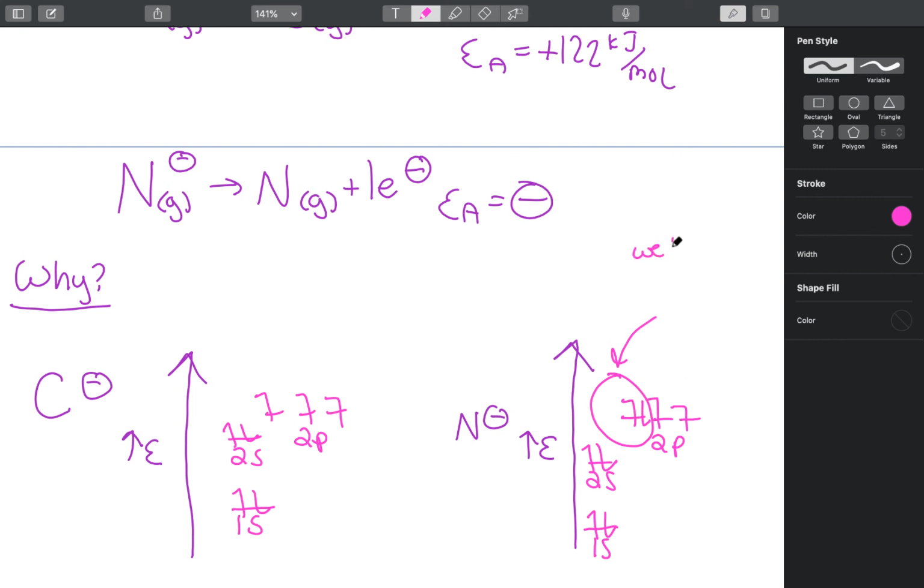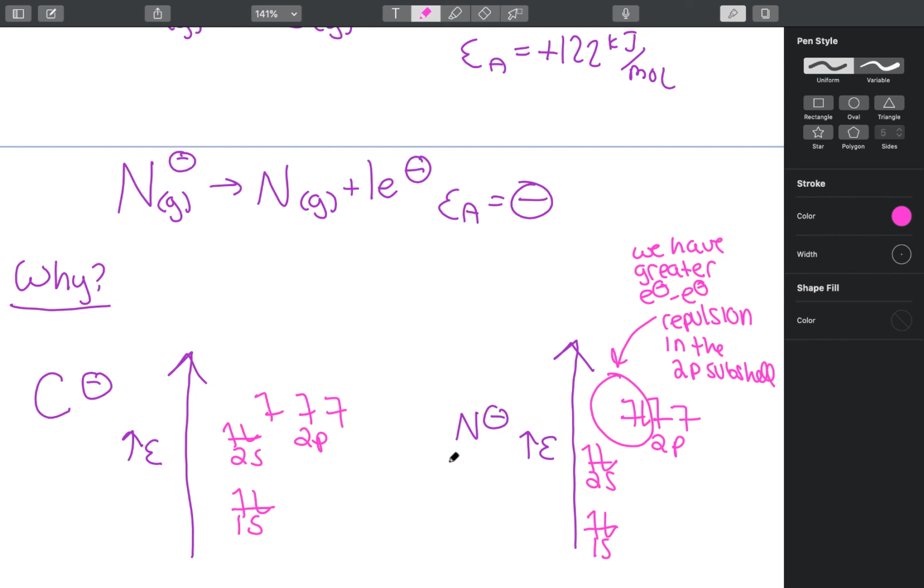This means that we have greater electron repulsion in the 2p subshell in this species than in the carbanion. So therefore, it's much easier to lose that electron than it is to lose the electron in the carbanion.